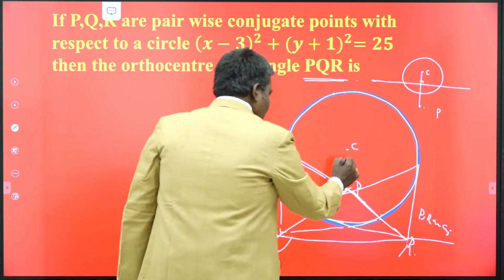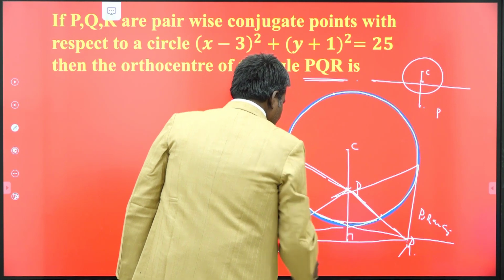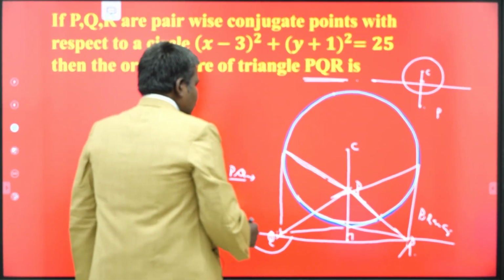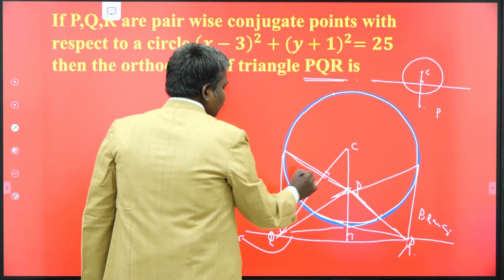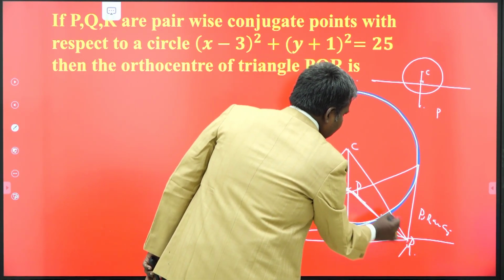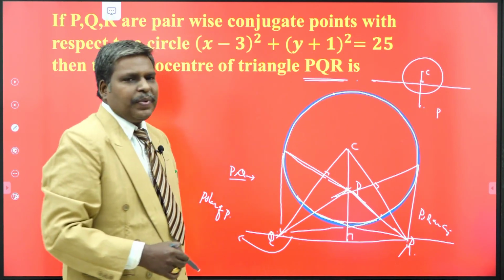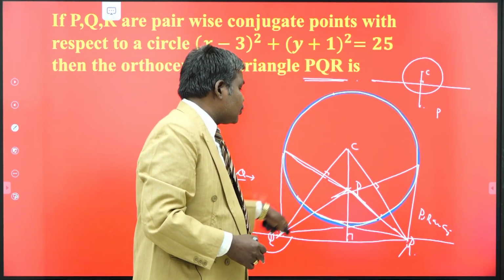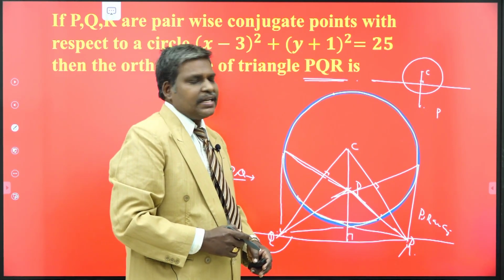So, if you draw CP and extend it, this is perpendicular to QR. Am I correct or not? Similarly, join C to Q, this is perpendicular to its polar. Similarly, join C to R, perpendicular to its corresponding polar. So, what we obtained here are altitudes of the triangle, altitudes to the sides of the triangle. Yes, altitudes to the sides of the triangle.